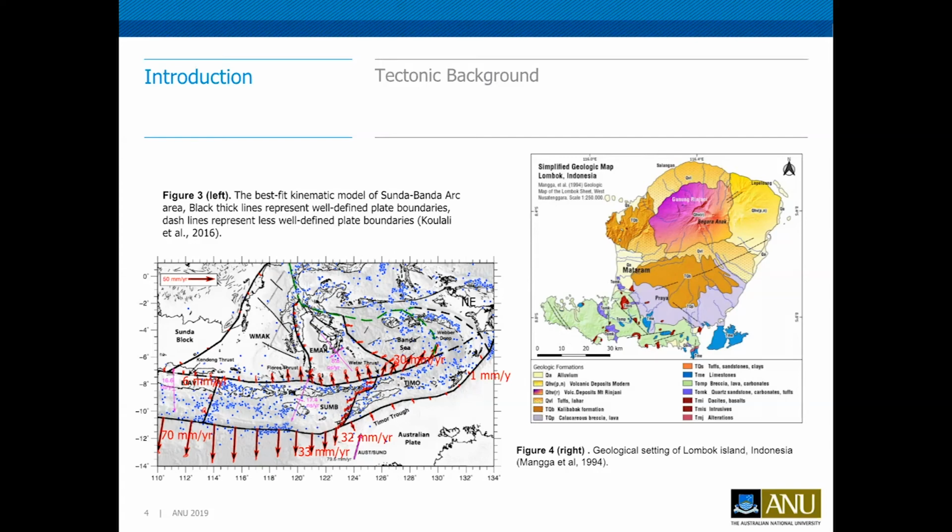But in contrast, along the back arc, it increases from 6 millimeters per year to 33 millimeters per year at the Flores fault zone, which is closely related to the earthquake I am going to mention. Okay, next, please.